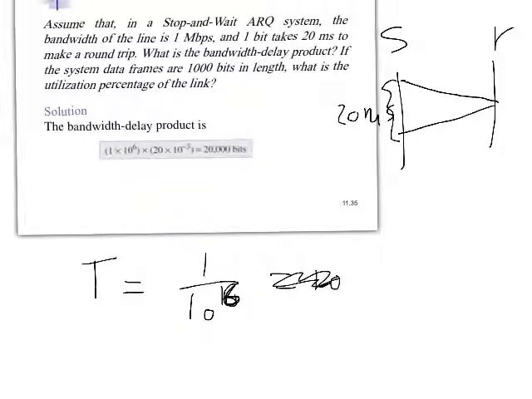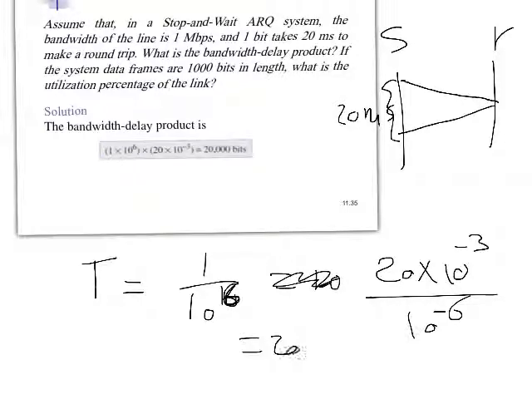Since 1 bit takes 1 over 10 to the power 6, or 1 microsecond, how many bits can I send within the 20 milliseconds? That is 20 times 10 to the power minus 3 divided by 10 to the power minus 6, which will equal 20,000 bits.